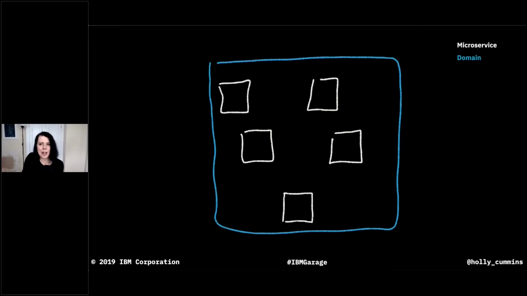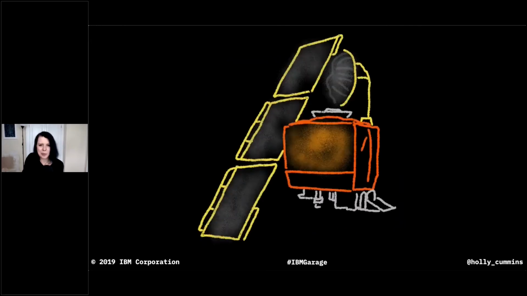So I love this story, and I think it really shows why microservices don't guarantee that you're decoupled. This is a NASA project. It was called the Mars Climate Explorer, and this is what it actually looks like.